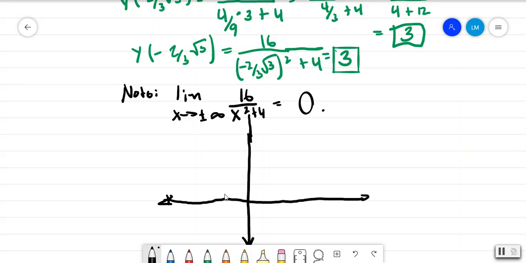So we have an important point right here, and then you have another one at about 1.15, so maybe right about here. All that we need to do is to go ahead and just connect these. So we just connect it.